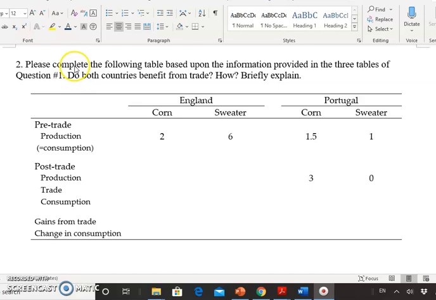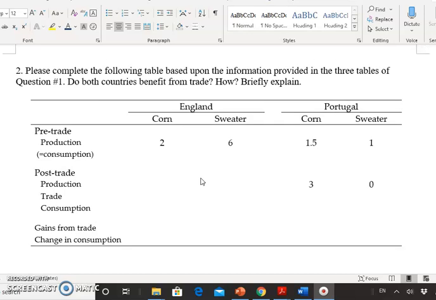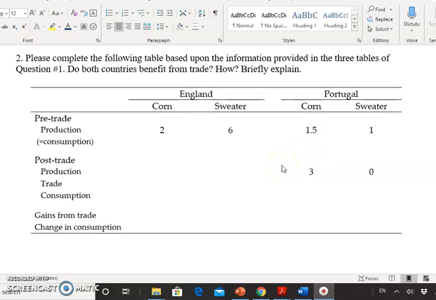Here, question number 2 says, please complete the following table based upon the information provided in the 3 tables of question number 1. In other words, we still build upon the information previously discussed.